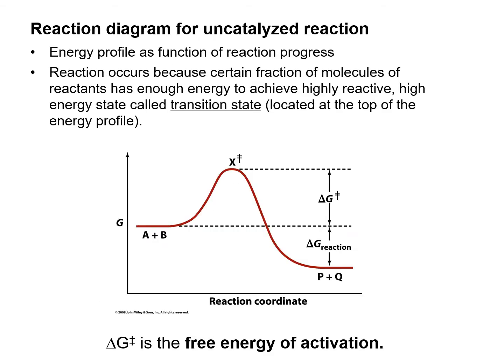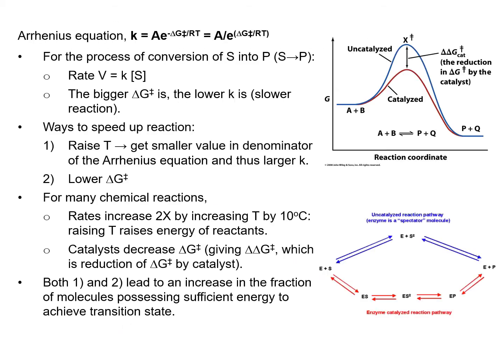We've discussed the energy changes in the catalyzed or uncatalyzed reactions and also talked about the transition state using the state function delta G double dagger, which is the free energy of activation. We talked about the Arrhenius equation, which estimates the reaction rate V, which is also dependent on the substrate concentration.